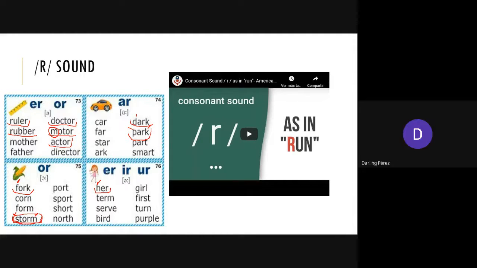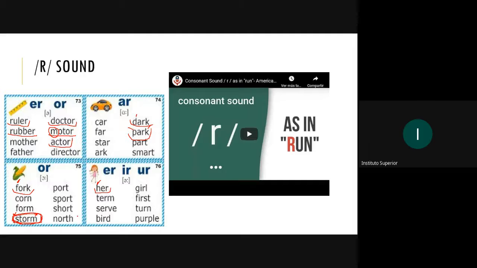Storm. Remember, we don't have any vowel sound at the beginning. Storm. Yes. Okay, good.